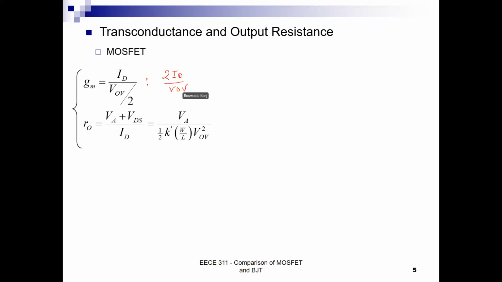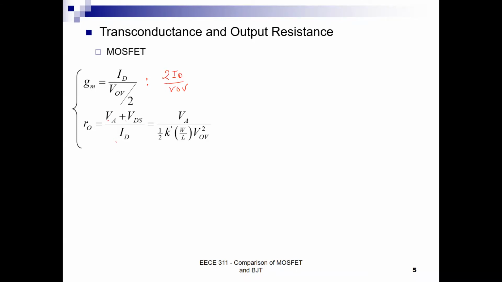And then the output resistance RO, which we derive from two quantities: if the current has the channel length modulation term in it, then RO will be equal to VA plus VDS over ID, if I know what ID is and what VDS is.